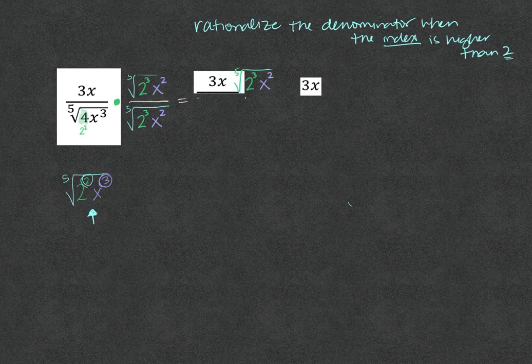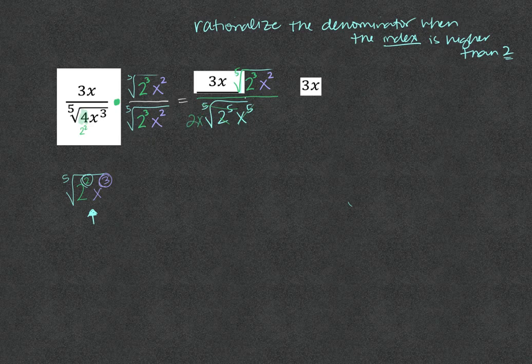And on the bottom, let's clean up what we've got. Now we have the 5th root of 2 to the 5th, x to the 5th. These are going to cancel out. We're going to be able to take out a perfect 2, and we're going to be able to take out a perfect x.